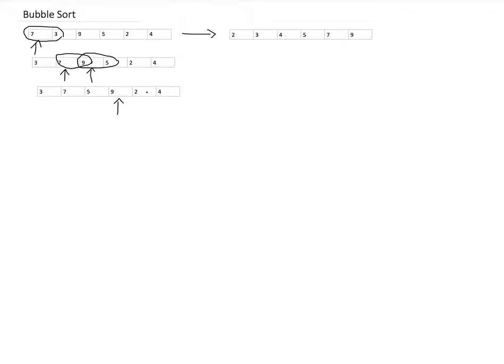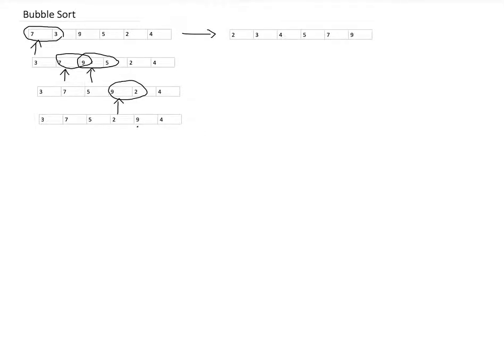And then we're going to compare 9 and 2. Since 9 is larger than 2, we have to swap 9 and 2. So once we swap, we get a new list. It's going to be 3, 7, 5, 2, 9, 4.